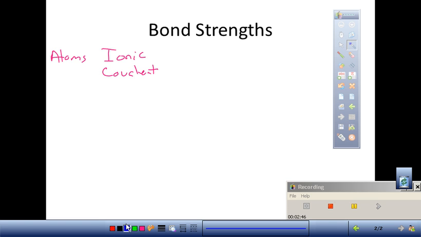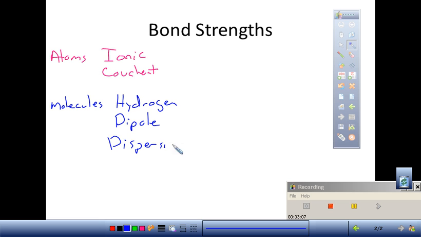And then we have bonds between molecules, intermolecular bonds. And typically we say those are weaker. And we have hydrogen bonds. We have dipole interactions. And we have dispersion forces. So we're going from strongest to weakest.